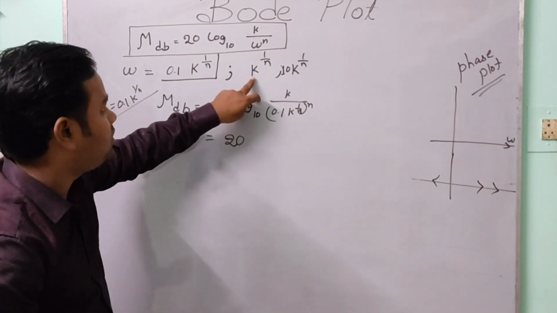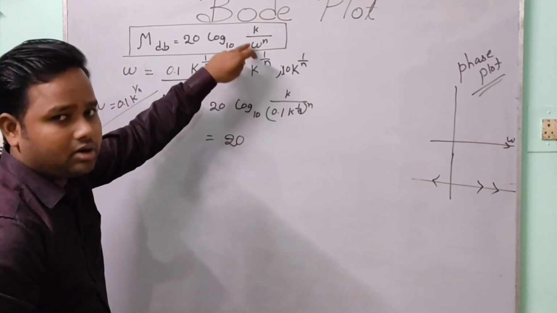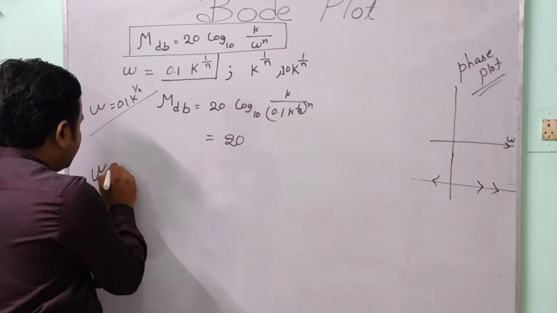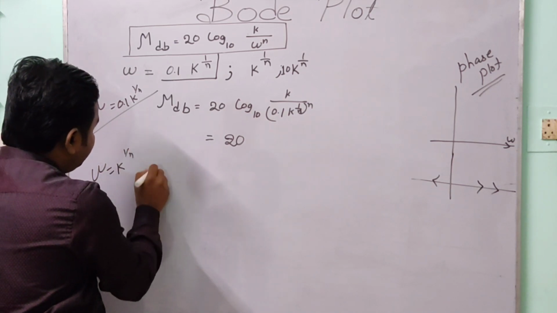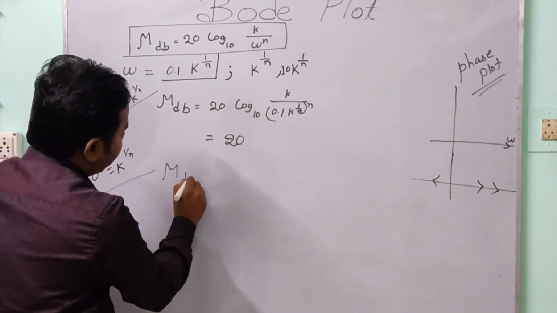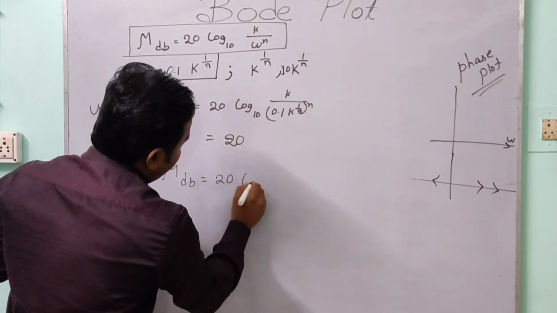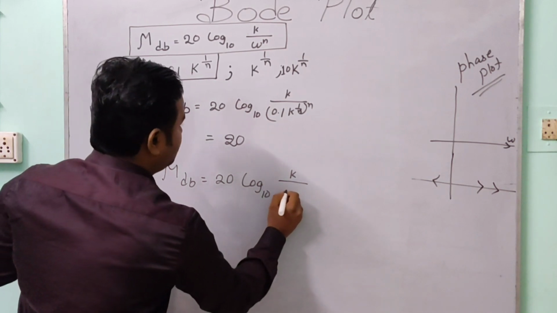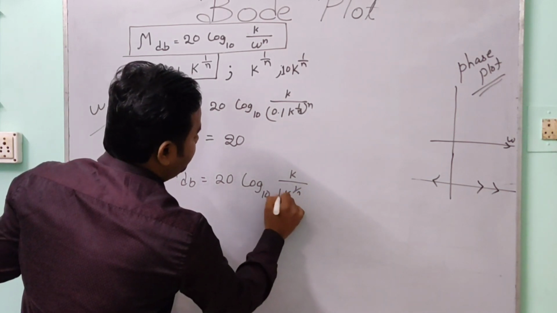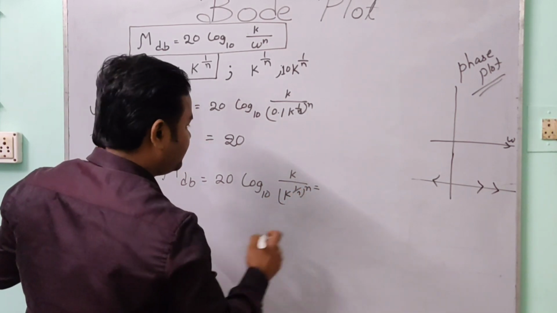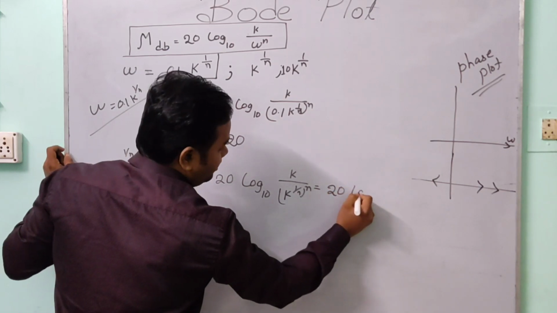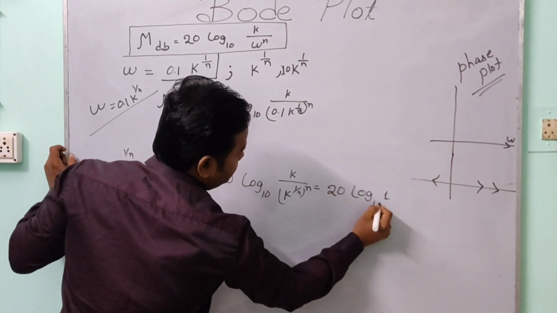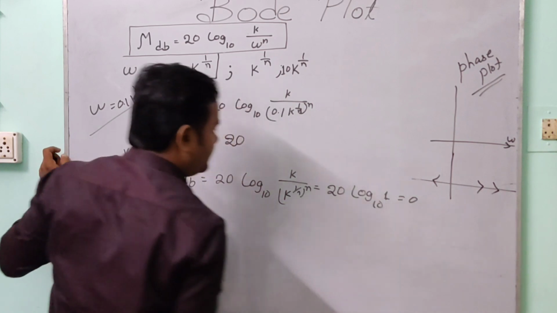If I put ω equal to K to the power 1 by n, then M in dB will be 20 log base 10 of K divided by (K^(1/n)) to the power n. Here I can get 20 log 1 base 10, whose value is 0.